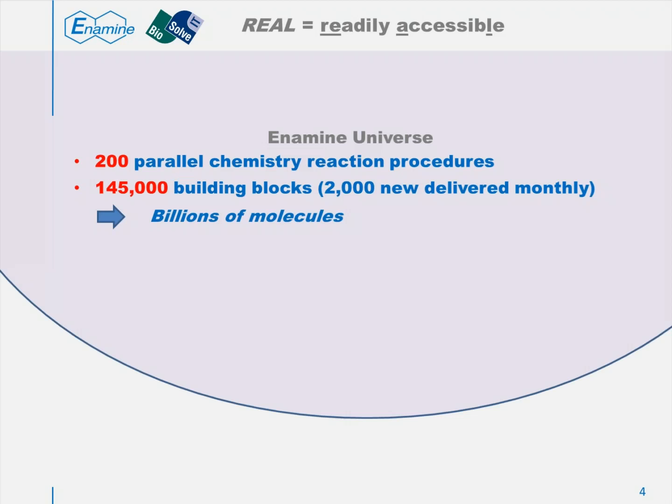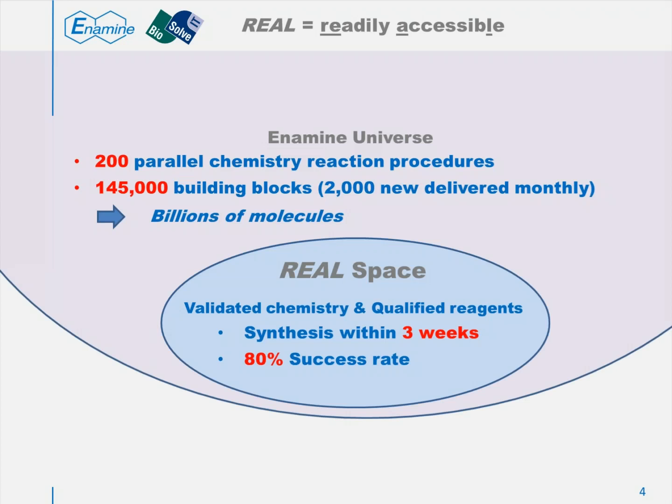This really gives you billions of molecules, and that's basically the Enamine universe. But in reality, not all the molecules from that universe can be accessed synthetically. The portion of the space we call REAL space. REAL is an abbreviation for readily accessible. It contains molecules that can indeed be accessed synthetically within 3 weeks, and the synthesis success rate is over 80%.